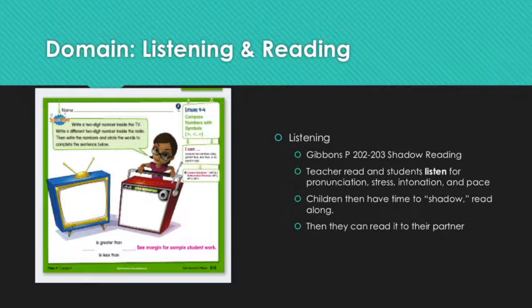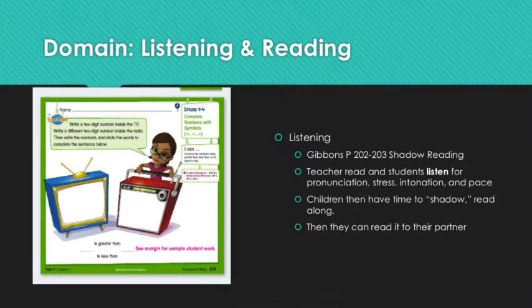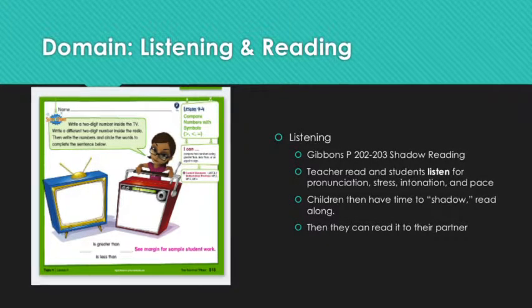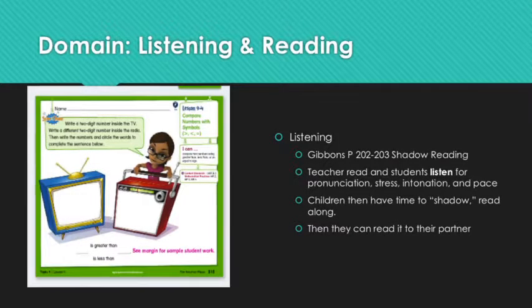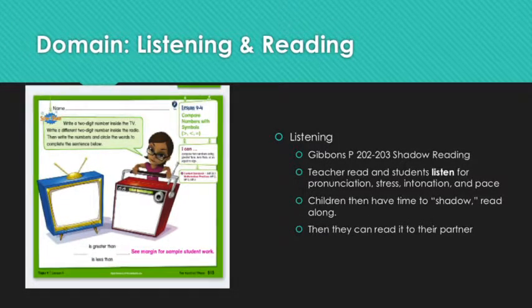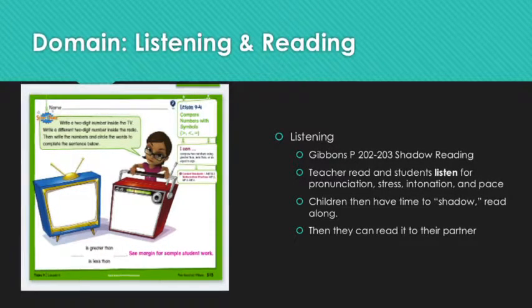And to continue with listening and reading, just to focus on listening, Gibbons gives an explanation of shadow reading, where the teacher is reading the paragraph, or in this case, the problem for math, and the students are listening for pronunciation, stress, intonation, and for pace.